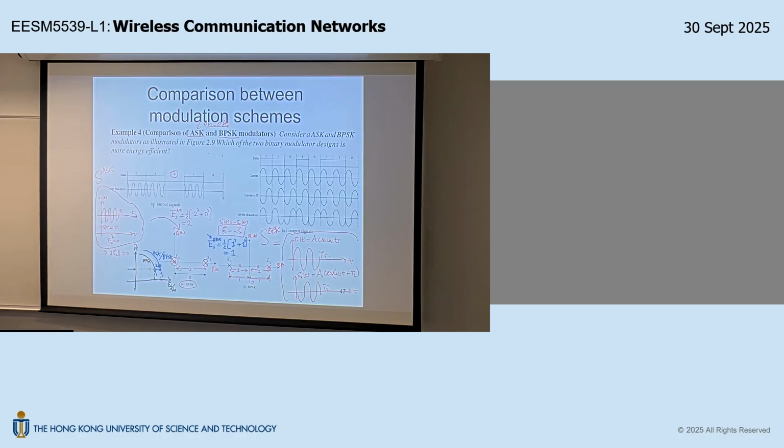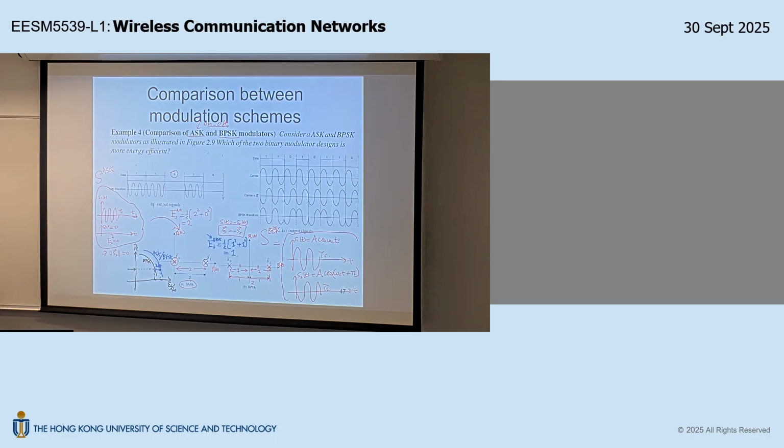And then now we compare which one requires more average symbol energy, right? So for this one, you can compute this is 1, 1, then using geometry, you can work out this length, and then you can compute the energy.